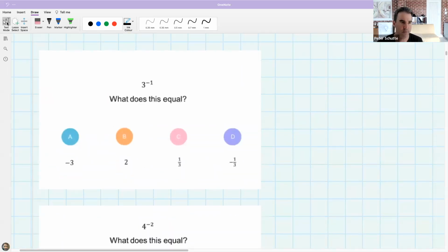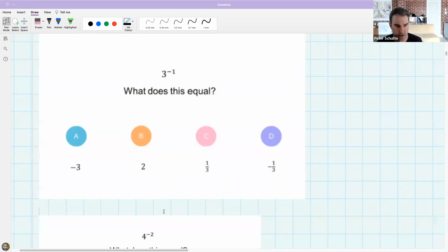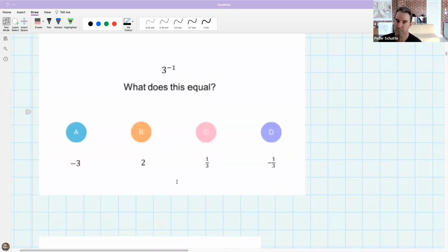What does 3 to the minus 1 equal? Now, this is a little bit trickier, but not too much. Let's see what you think the answer is for this one. How do we deal with a negative power?